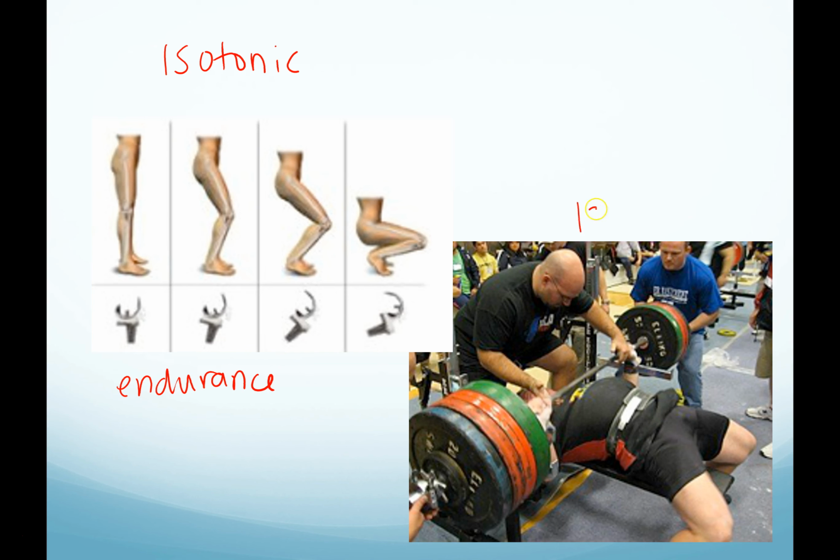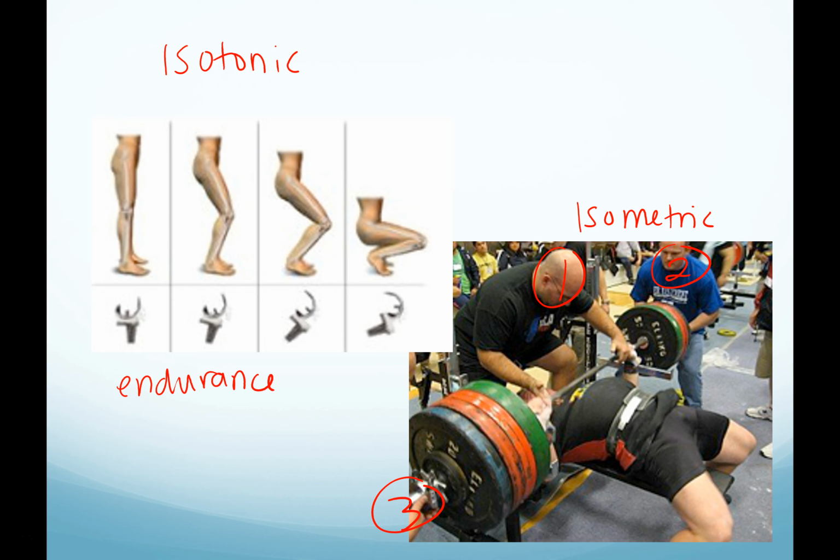This would be your isometric, and what this person is doing is they are pushing against a lot of weight. And they are pushing. And maybe they'll get that weight up, maybe they won't, who knows? You got 3 people helping them. 1, 2, 3 over here. So kind of really doesn't count. But if you do enough isometrics, that will help build strength.